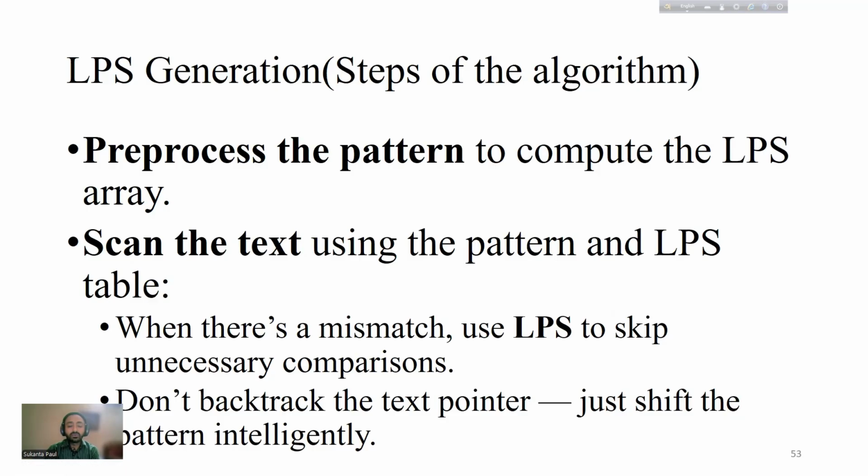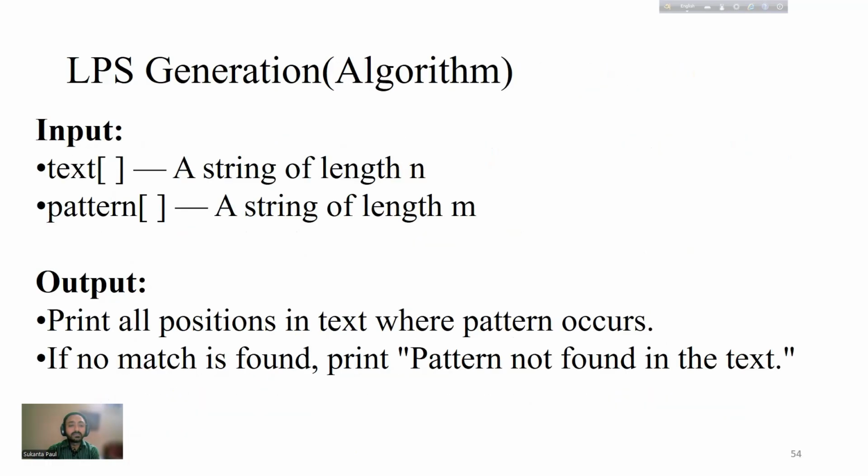And always we will try to keep in mind that we will not backtrack the text pointer. But in the naive algorithm, we always backtrack the text pointer, but here we will not backtrack the text pointer. This is the improvement of naive algorithm, and we will use it in the KMP algorithm.